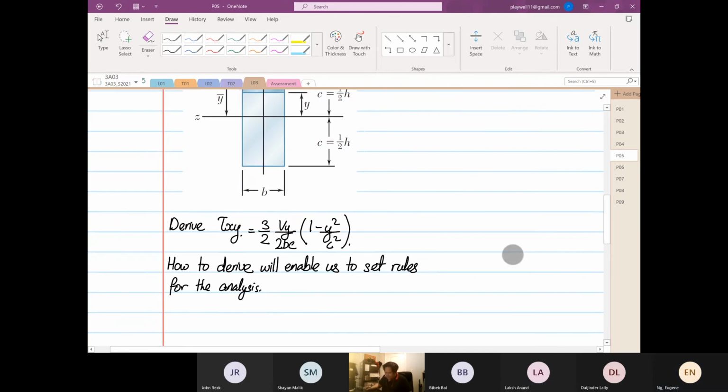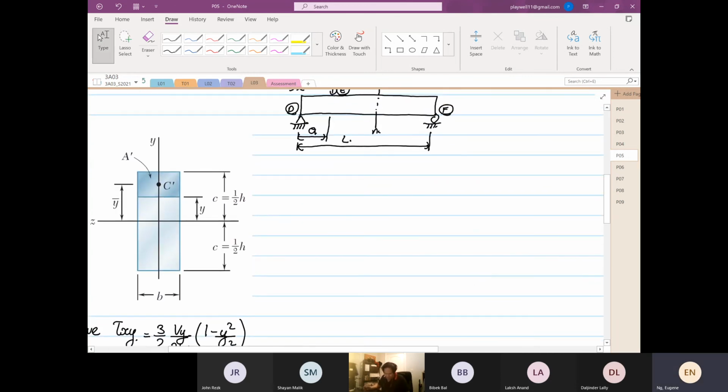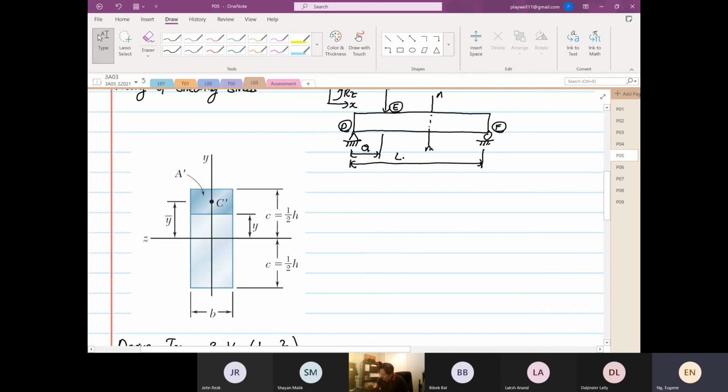Before we go any further, I want to highlight this. If the shear force is coming in this direction, this is our Vy, right?